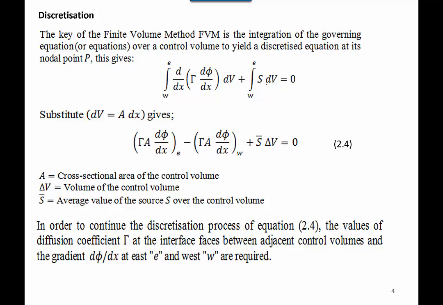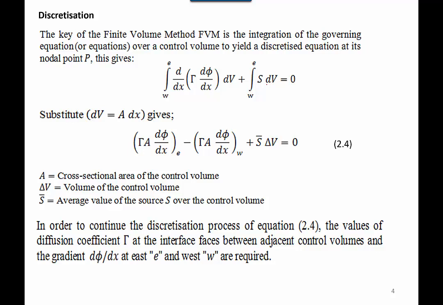It will give us equation 2.4, which, when we open the integral, is gamma multiplied by A d phi by dx for the east side, minus the same for the west side, plus the average source multiplied by delta v, because the source term is independent of the distance.